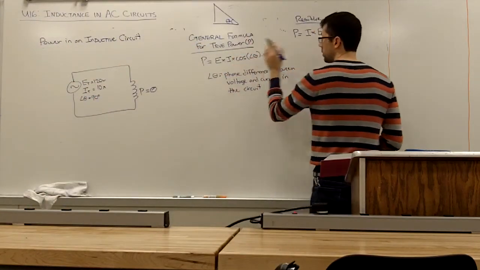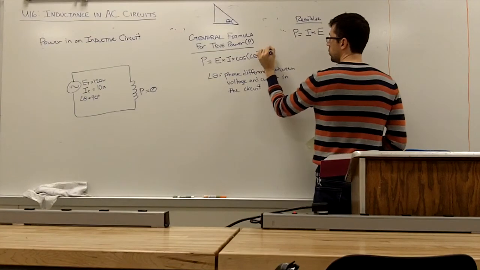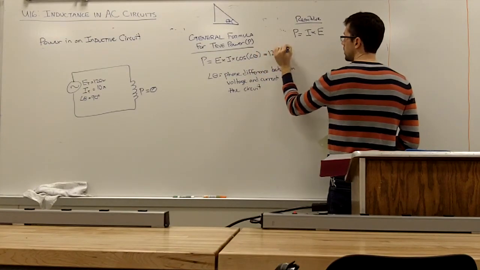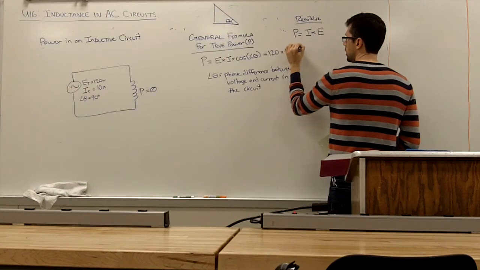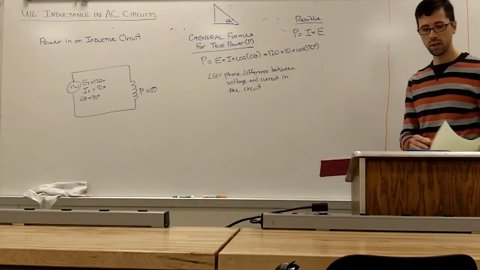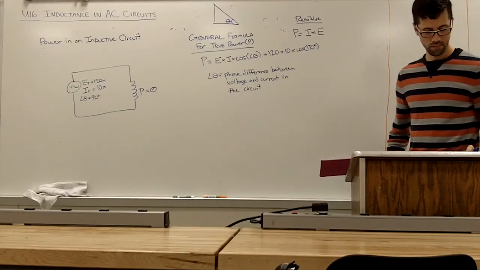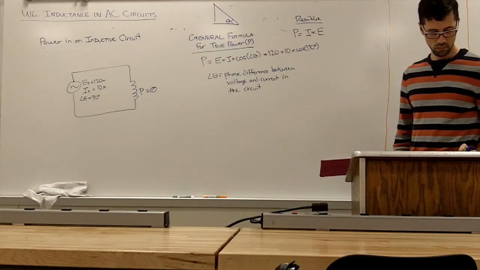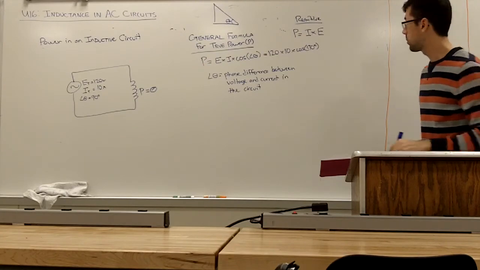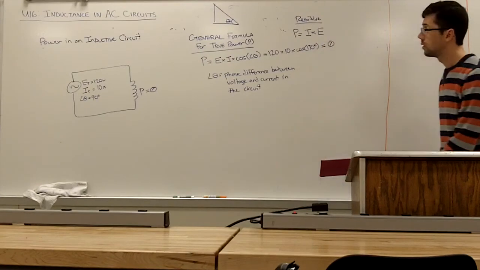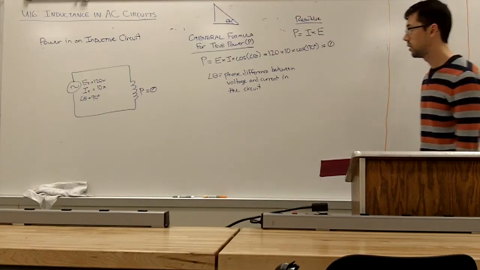So the true power P of the circuit would be 120 volts, 10 amps of current, times cosine of 90 degrees. And put that on your calculator. And I'm going to get 0. So 0 watts in this circuit.